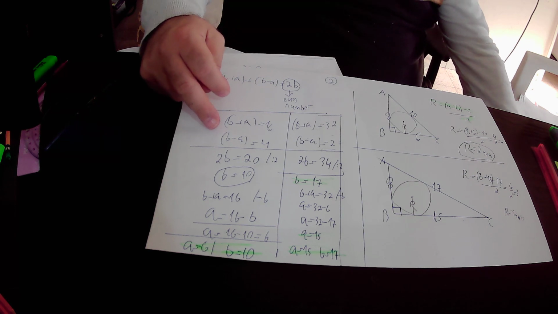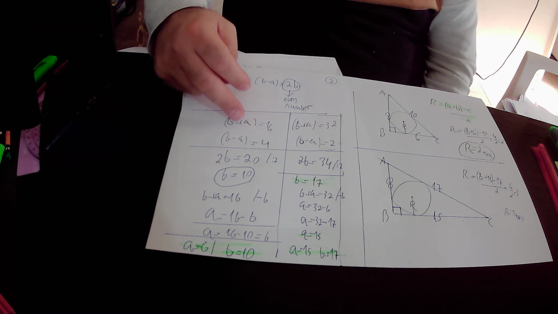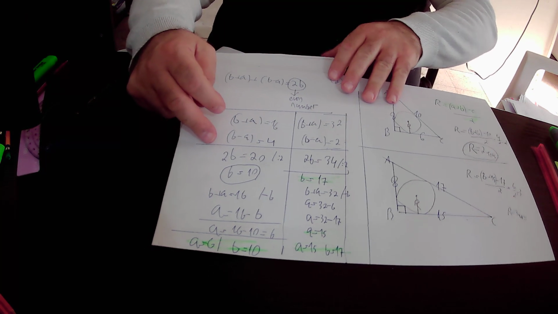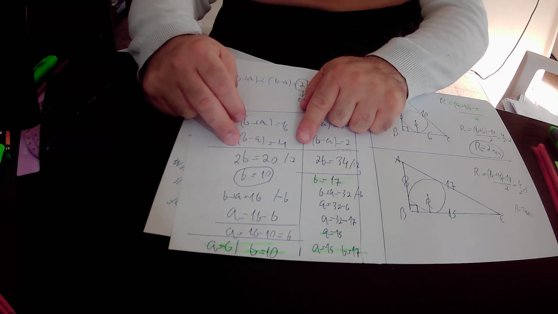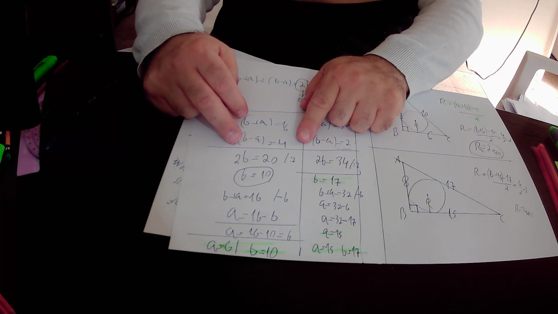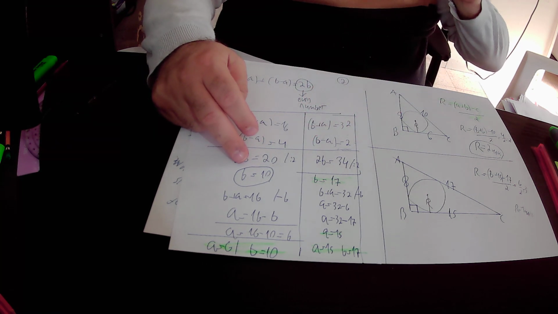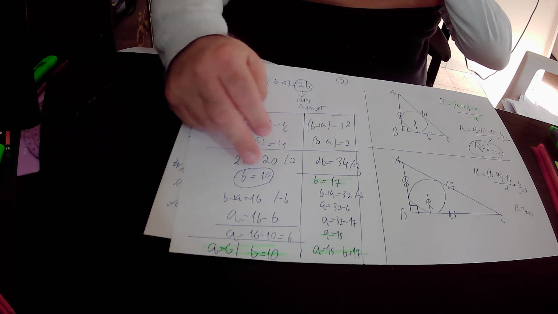So if we add the two equations together, we get that b plus b is 2b, a minus a is 0, and 16 plus 4 is 20. So we got the equation that 2b equals 20. We divided this equation by 2 and we got that b equals 20 over 2, that is 10. So we found out that b equals 10 units, and according to this equation, b plus a equals 16.